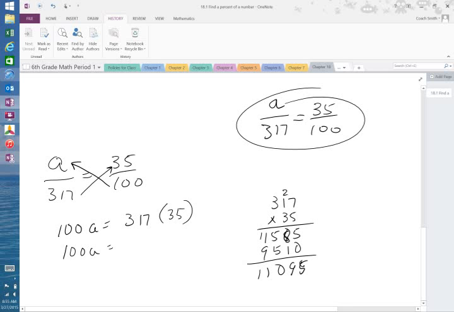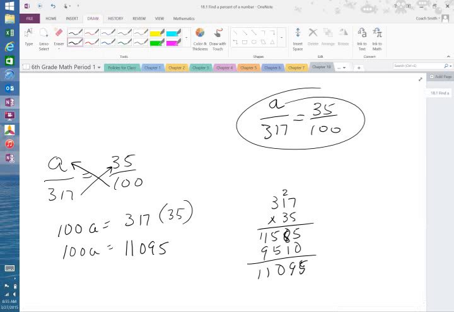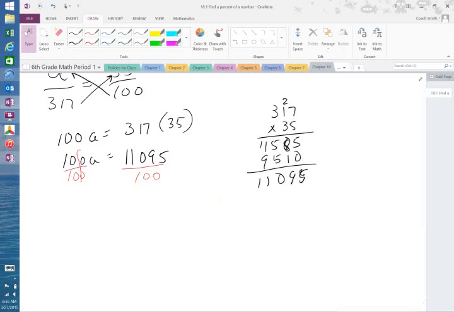Should be 11,095. Okay, 11,095. So we divide each side by 100. That cancels on the left side. That gives me 11,095.